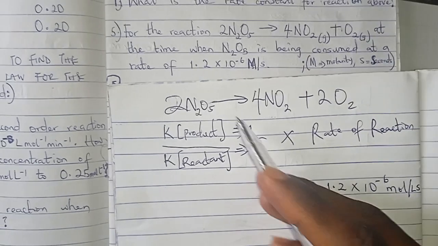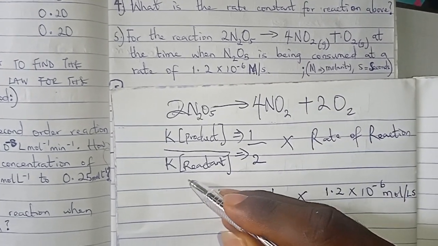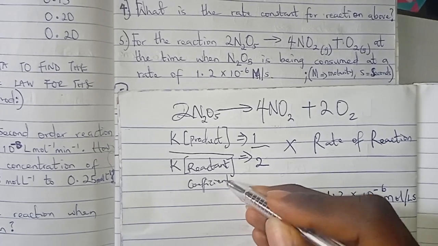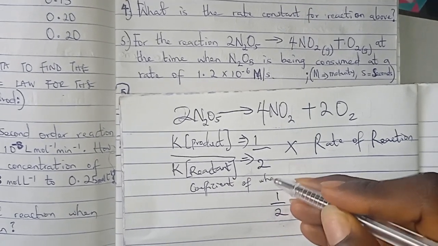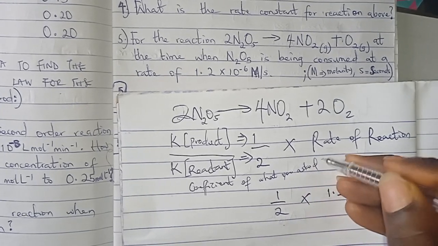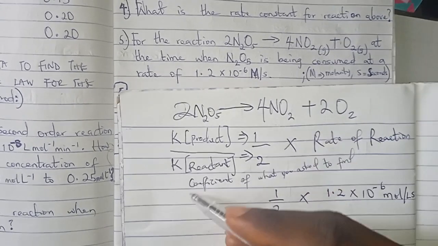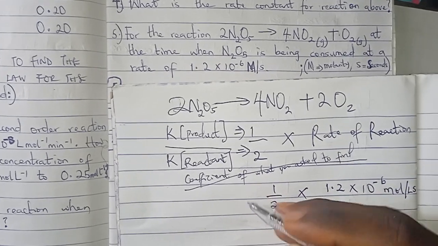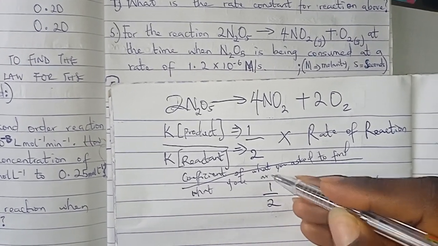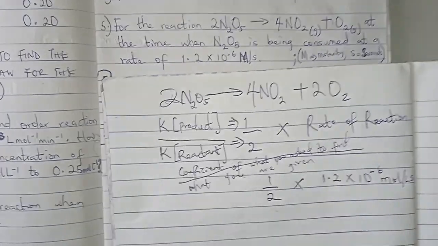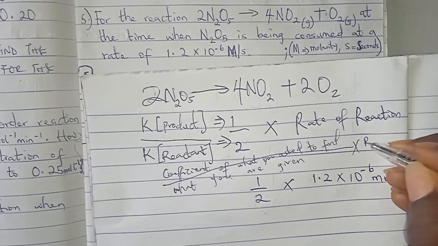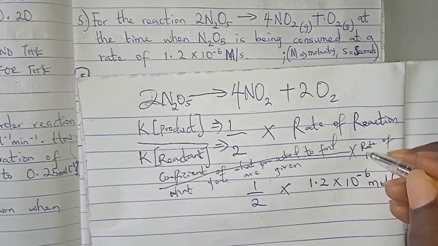This is the formula you always use: the coefficient of what you are asked to find, all over what you are given, times the rate of reaction.